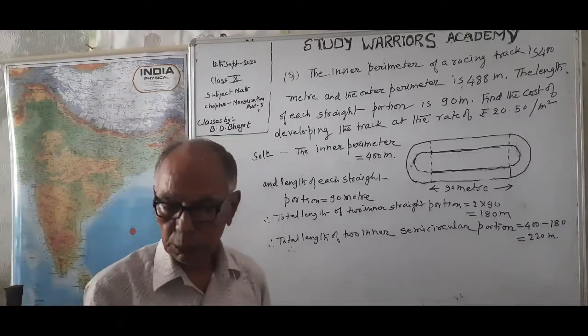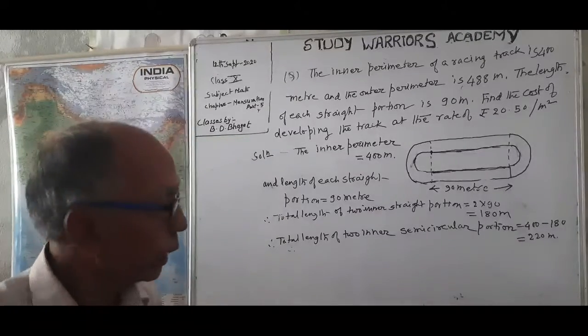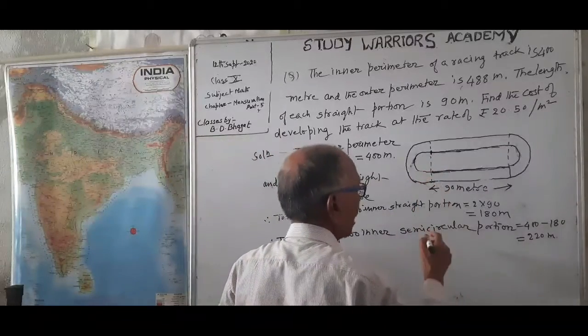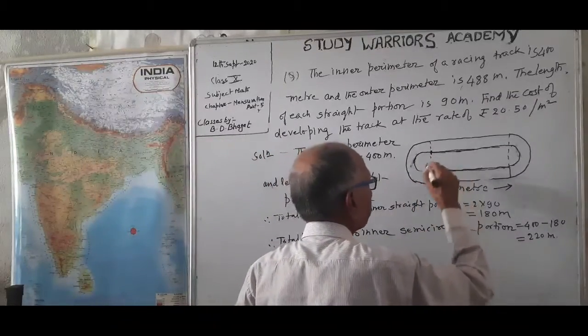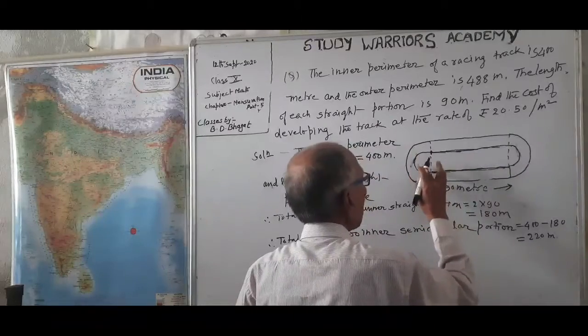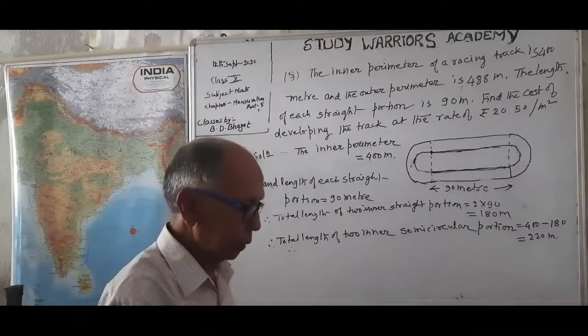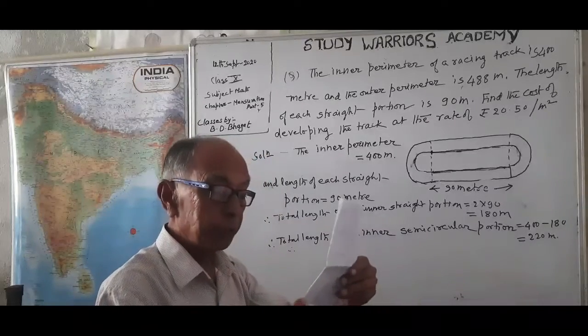And you know, the curved portions are in the form of a semicircle. So if you join two curved portions which are in the form of semicircle, then it will become a circle.